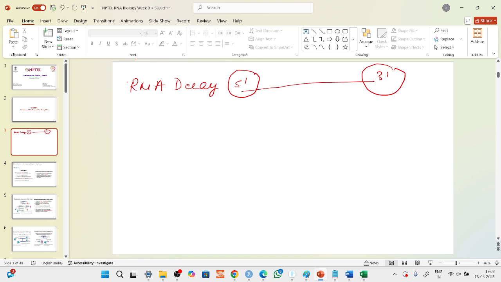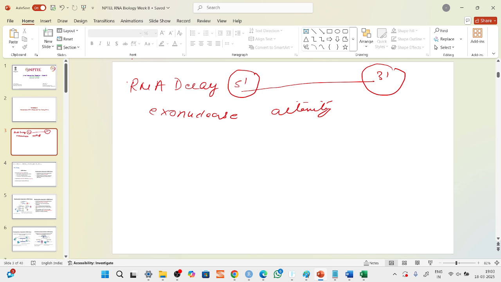Poly A's are attached at the 3 prime end, and a 7-methyl guanosine cap is attached at the 5 prime end. Because of this capping and tailing, the extreme ends of the RNA are protected from any kind of exonuclease activity. And since the RNA is protected from exonuclease activity, the chances of RNA decay will be less.